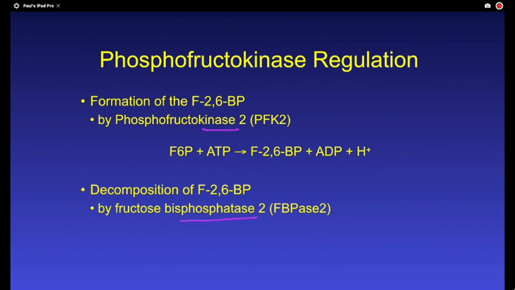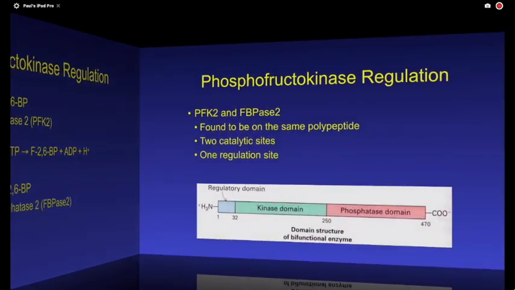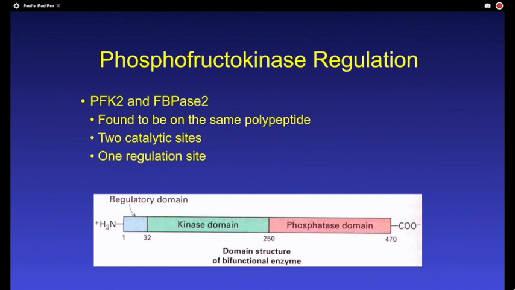Now, most of the time we told you an enzyme is very specific, has one function, and that's how we learned each enzyme. They're very specific and they do one reaction. This particular set, the kinase and the phosphatase enzyme, we discovered was in one protein. It's a protein that has two domains or two pieces to it. One piece is the kinase that makes the 2,6, and one is the phosphatase that breaks down the 2,6.